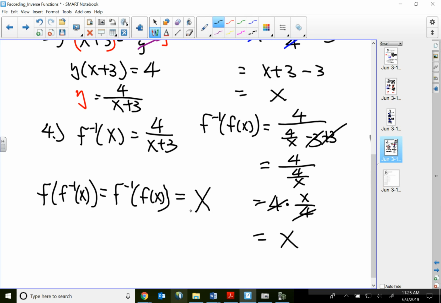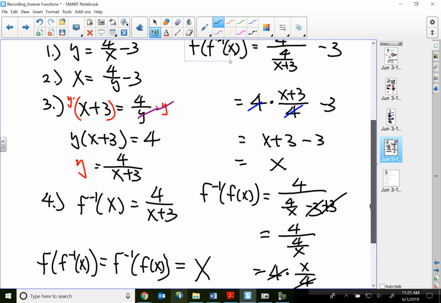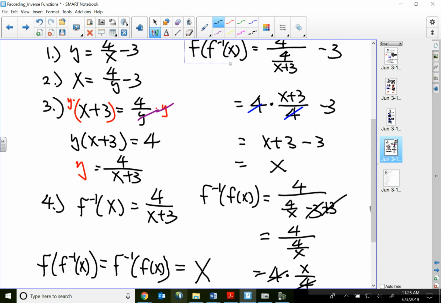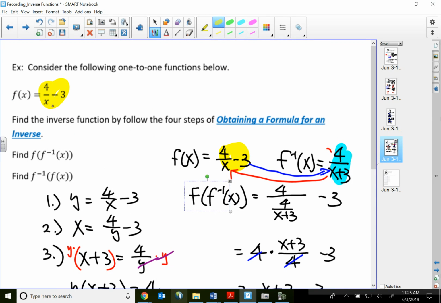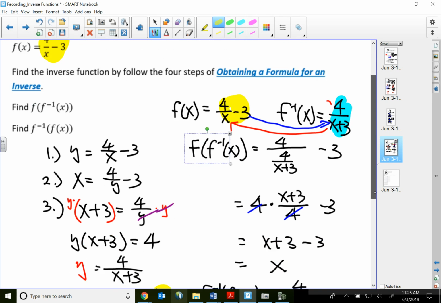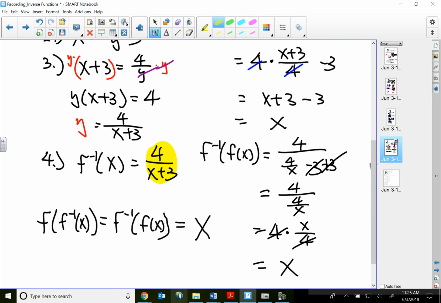In that case, we show that the two functions are inverse to each other. Okay, that's how I know the two functions are inverse to each other. Because if I perform a composition of the two functions, when both answers come out to be x, that means they are inverse to each other. Okay, that's what that means.